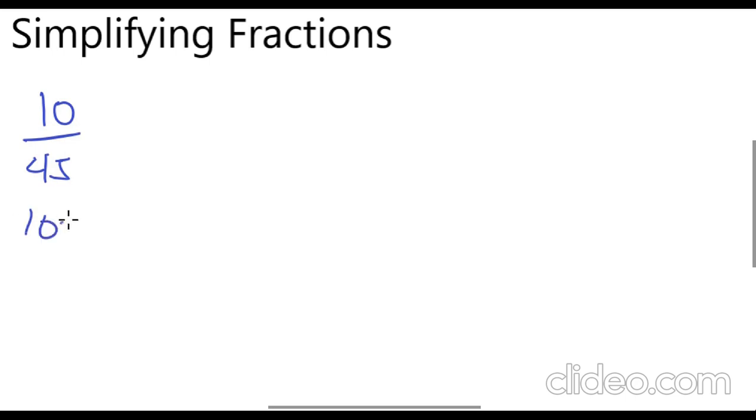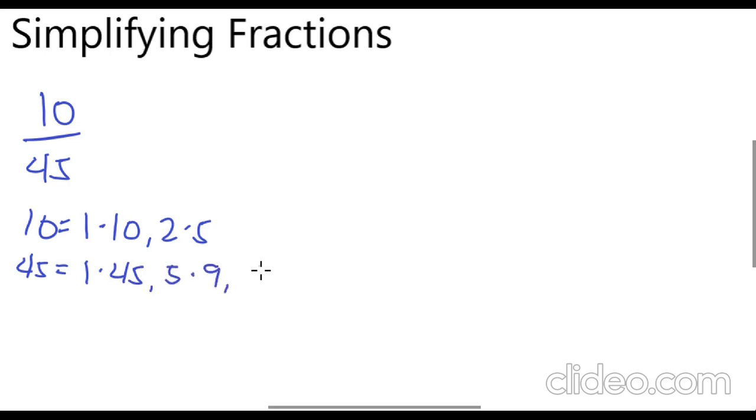So, for the 10 po, our factors is 1 times 10, and then meron din tayong 2 times 5. And then for the 45, we have 1 times 45, meron din tayong 5 times 9, and then meron din tayong 3 times 15.